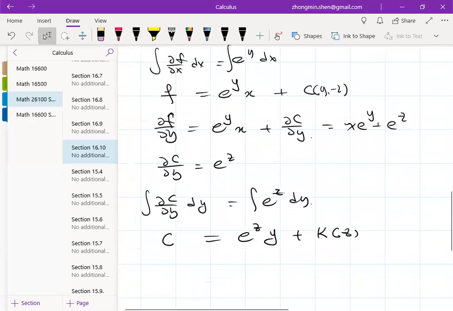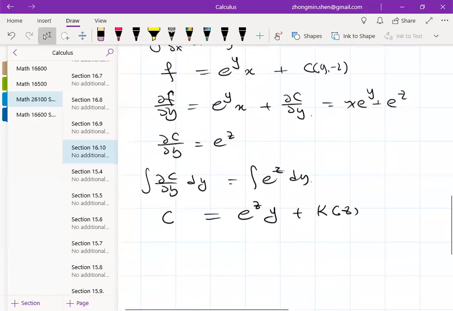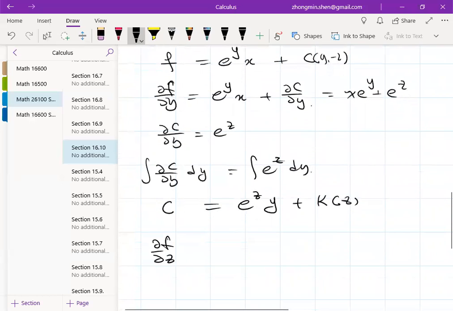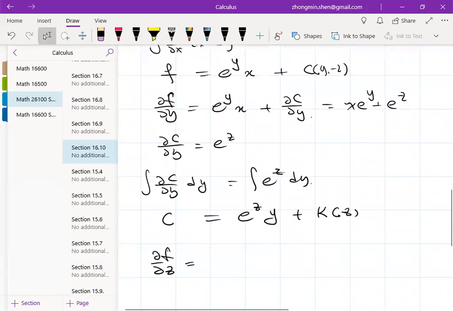So now the first equation and second equation are satisfied, then you just need to look at the last equation. When you differentiate f, what am I supposed to get? Here f is e to the y times x, plus e to the z times y, plus k of z. This is my f.